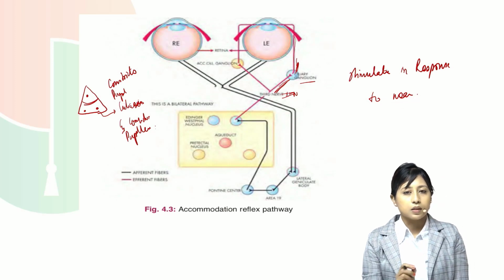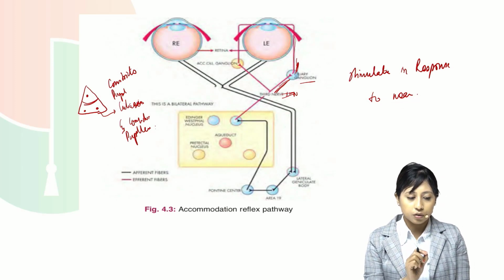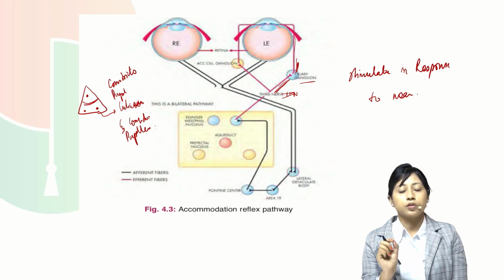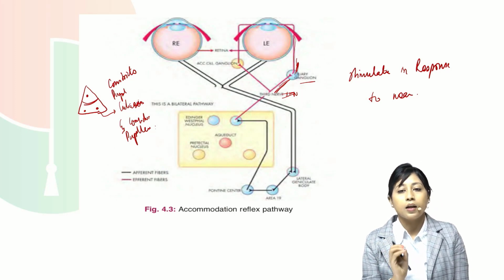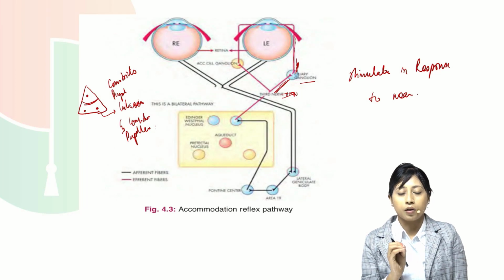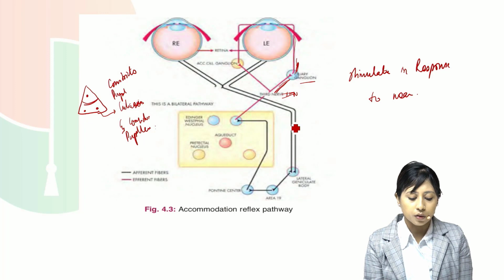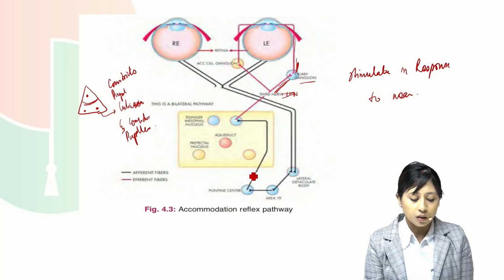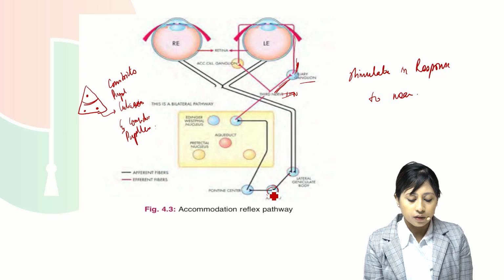So we should understand that the pathway for constriction to light and the pathway for constriction to near reflex are different. In the accommodation reflex, we are talking about the near reflex. In the pupillary pathway, this is the same pathway, but instead of the fibers relaying into area number 19 from the lateral geniculate body, and the pontine center in the pupillary light reflex, it will relay its fibers in the pretectal nucleus.